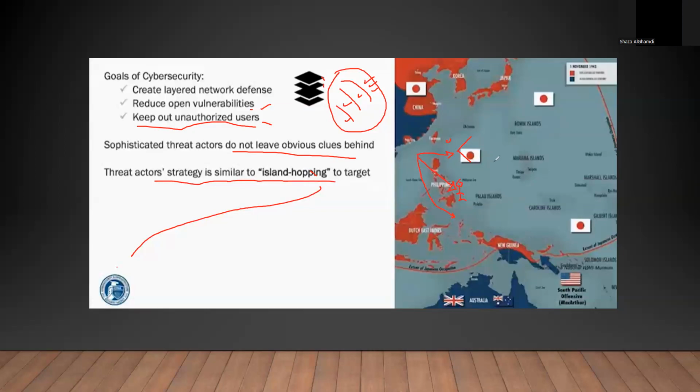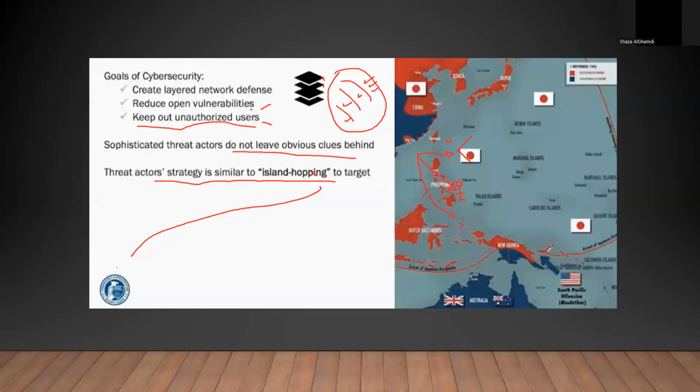In order to conquer Japan, the United States used an island hopping strategy. Japan has a lot of islands, I think more than 1,000. So the US started attacking the not very well defended islands, and used them as hopping stages to another island.